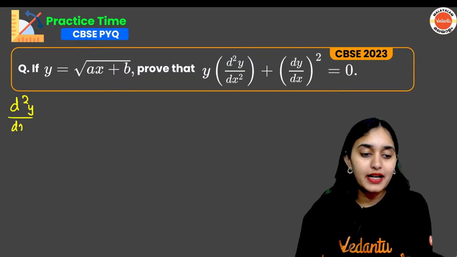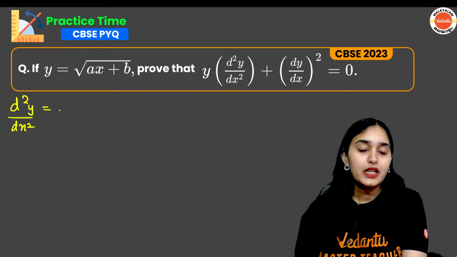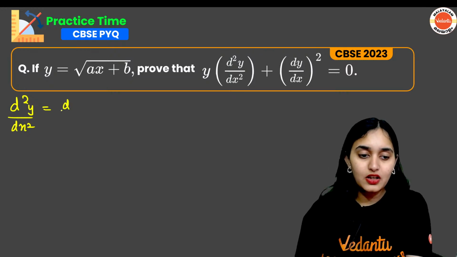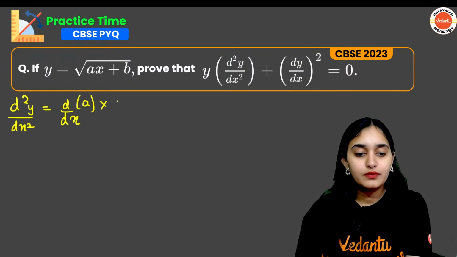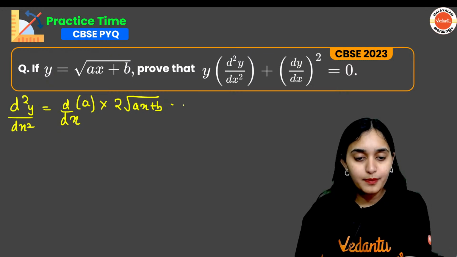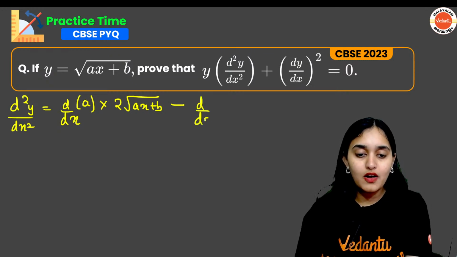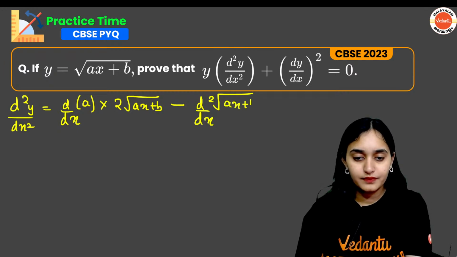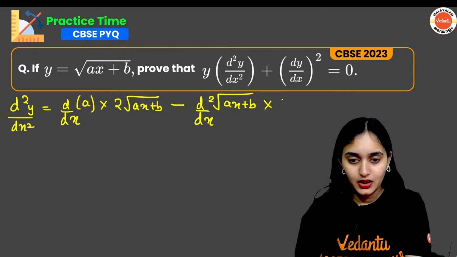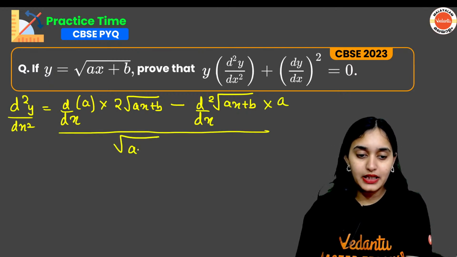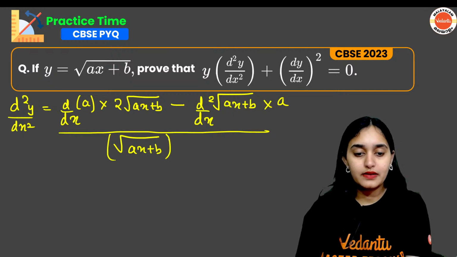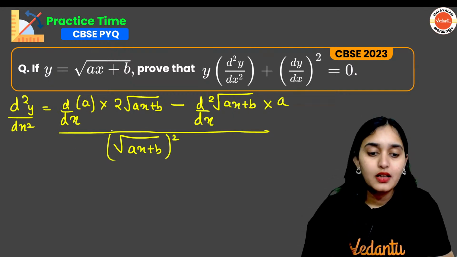D square y by dx square is equal to differentiation of numerator into denominator, minus differentiation of denominator into numerator, divided by denominator whole square.